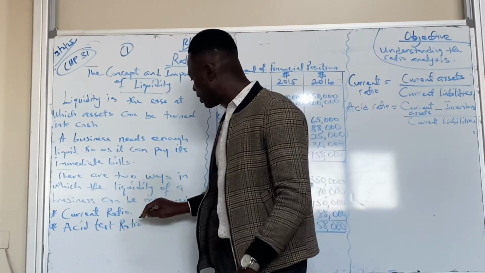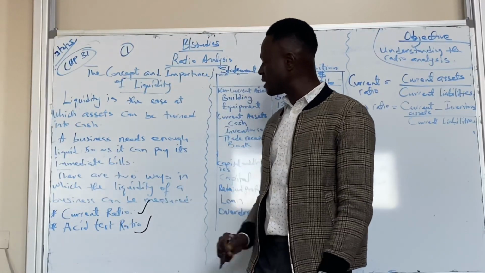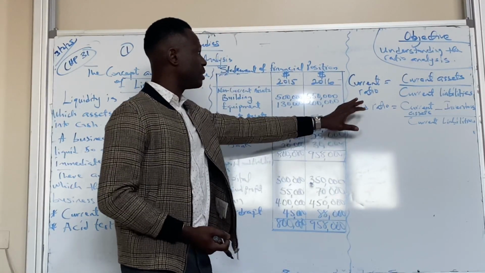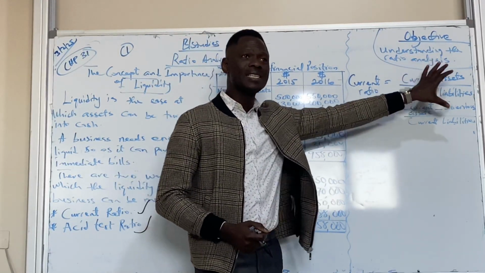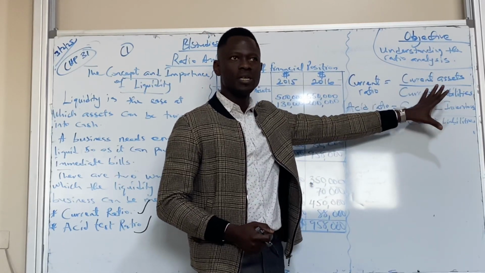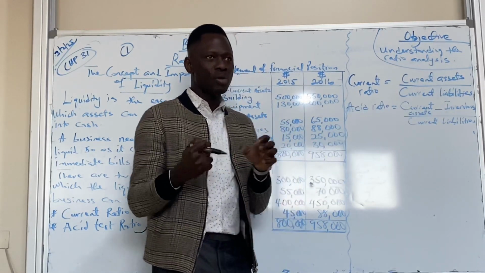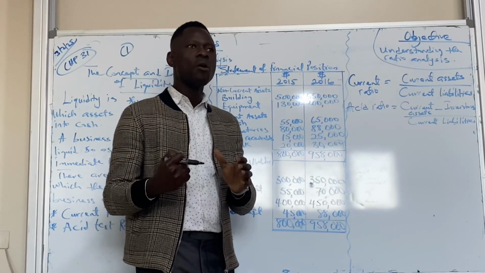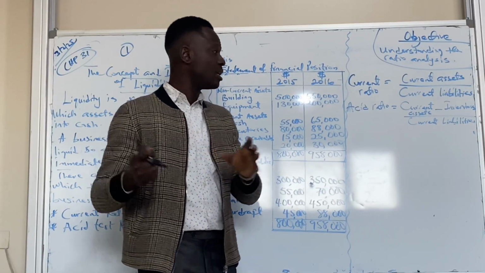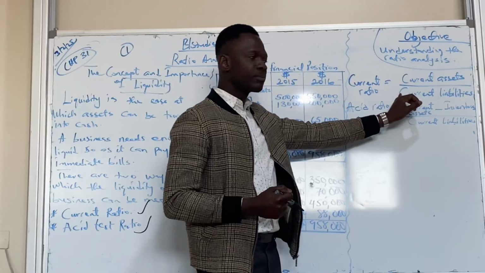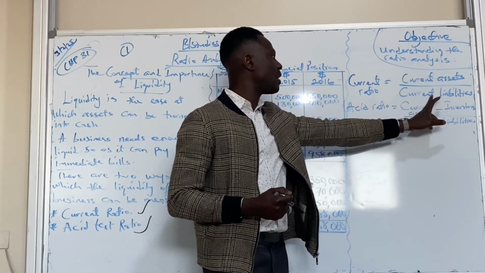We can use the current ratio or the acid test ratio. The formula for the current ratio is current assets divided by current liabilities. If we want to know how much cash we have available right now to pay up our short-term debt, we use our current ratio. Current ratio is current assets divided by current liabilities.